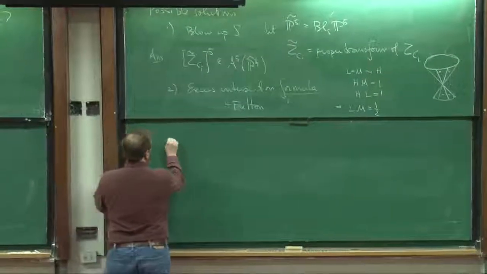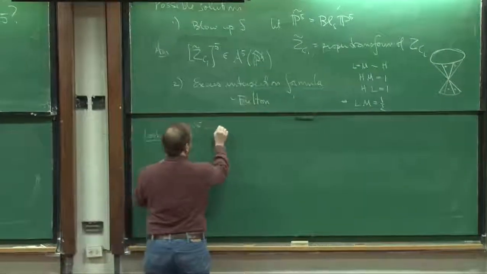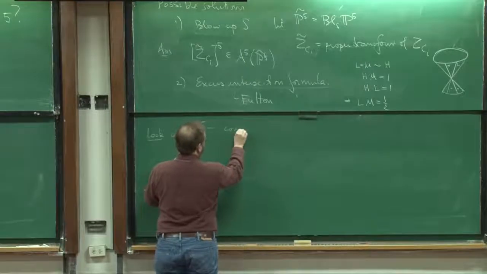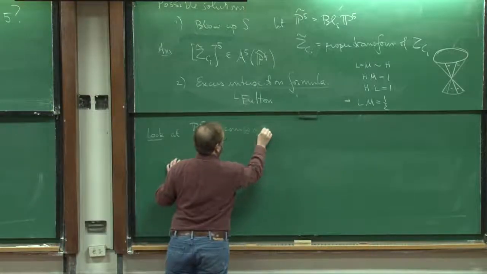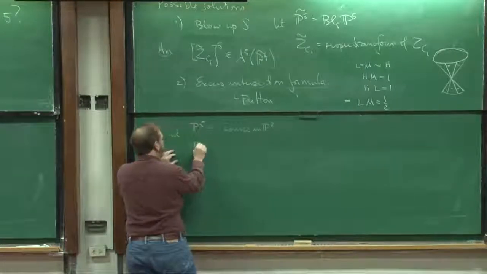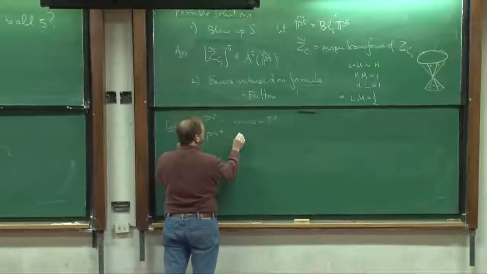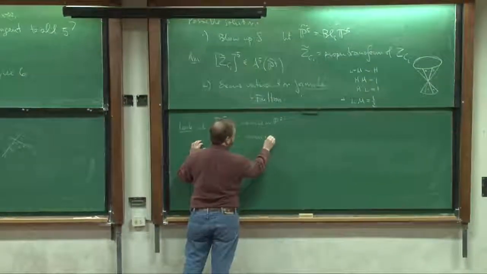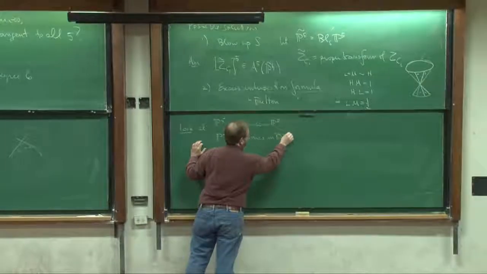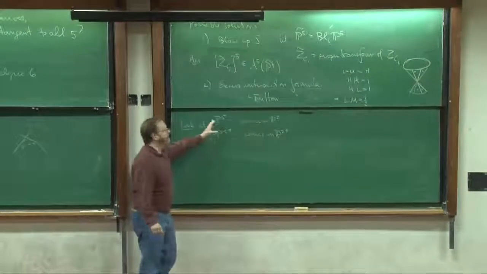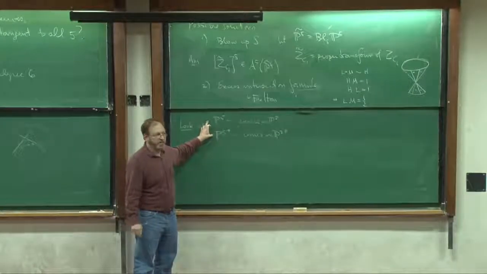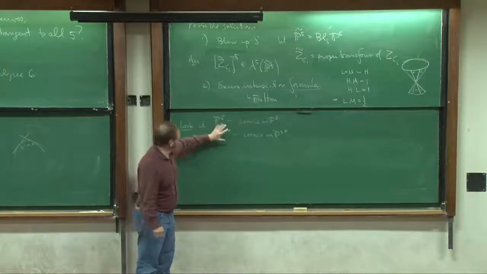Again, P5 is the space of conics in P2. I want to denote by P5 dual the space of conics in P2 dual. That notation sort of suggests that these are dual projective spaces, and they are, but I don't want to get into that.